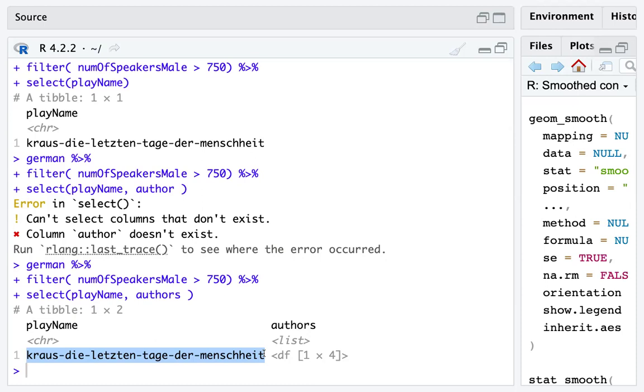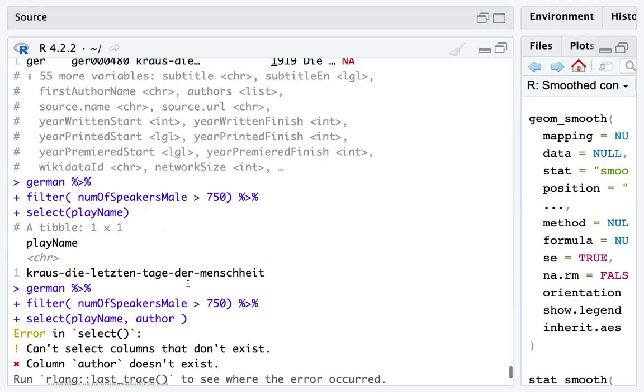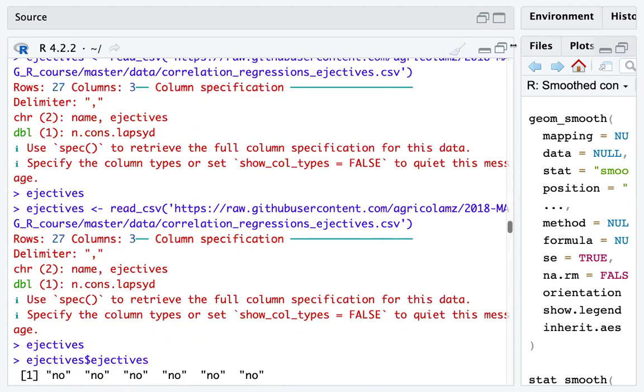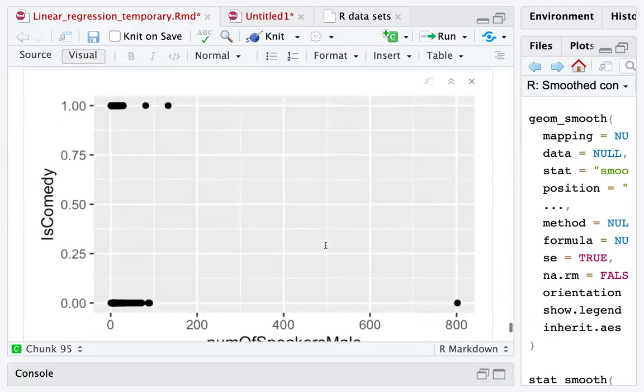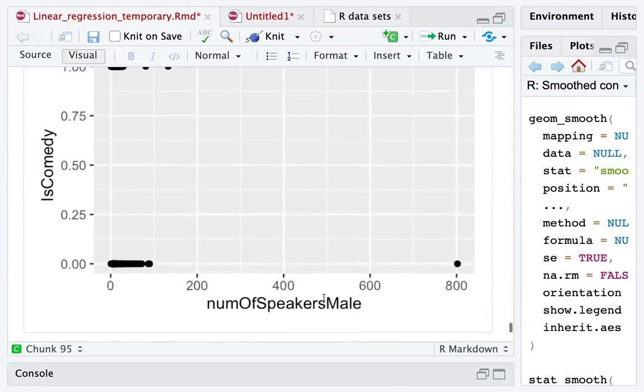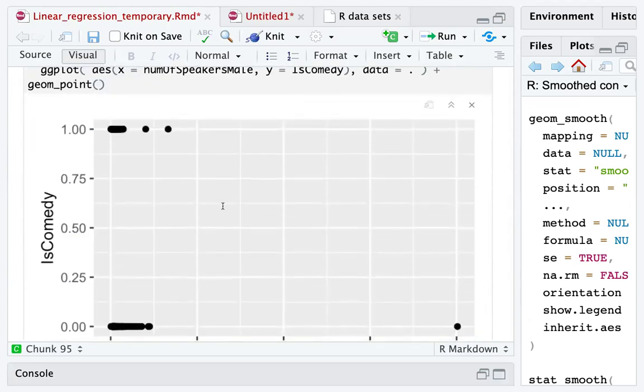I didn't know it. And it has 800 speakers. So okay, doing statistics with this kind of stuff could be difficult actually.